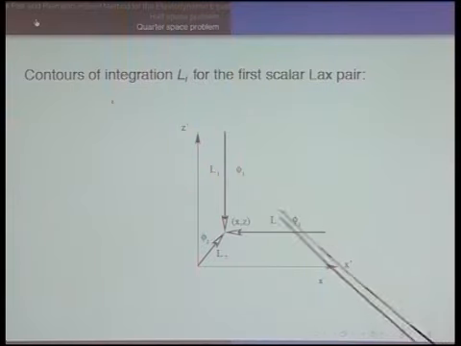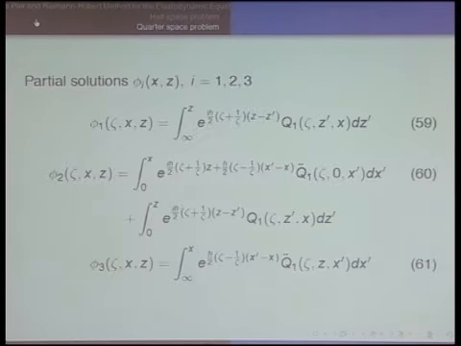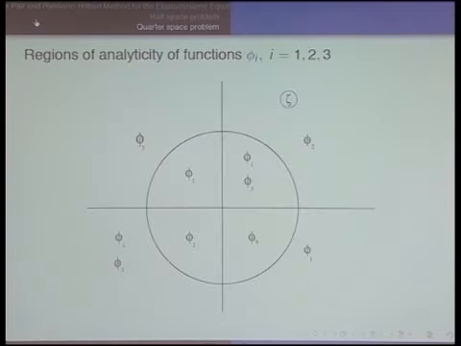We have to use 3 rays of integration, and we obtain 3 partial solutions, and these partial solutions are analytic in the marked regions of the complex plane.